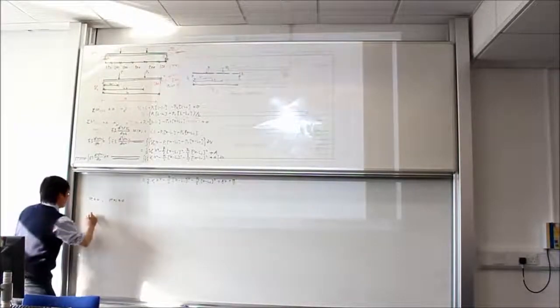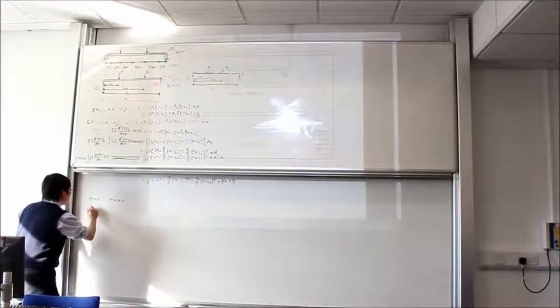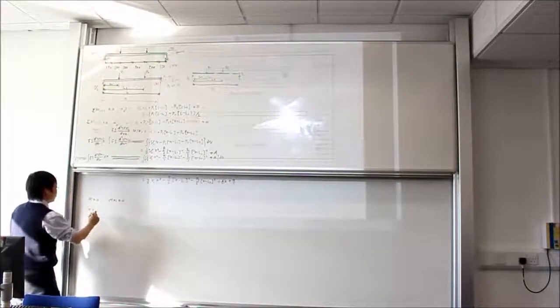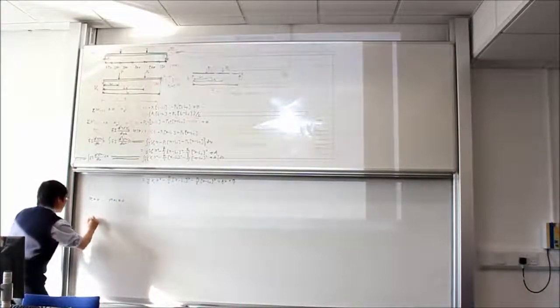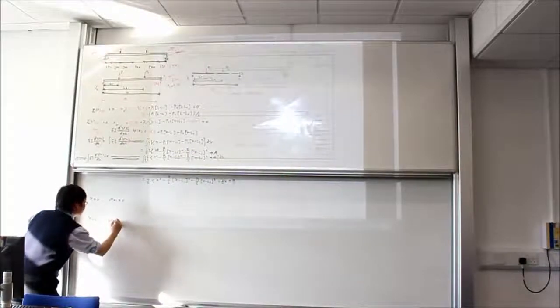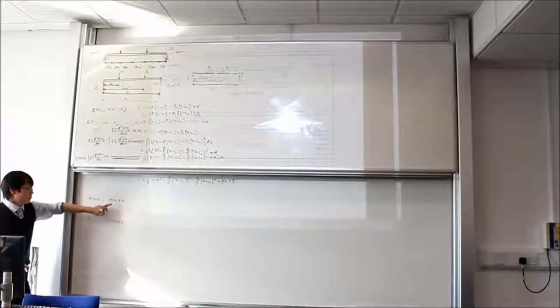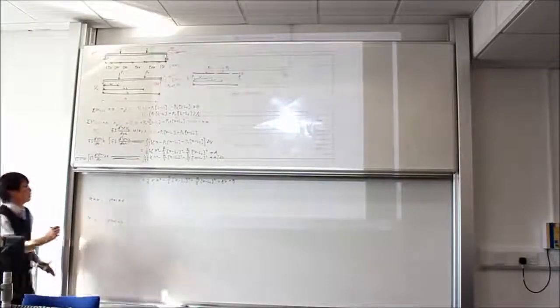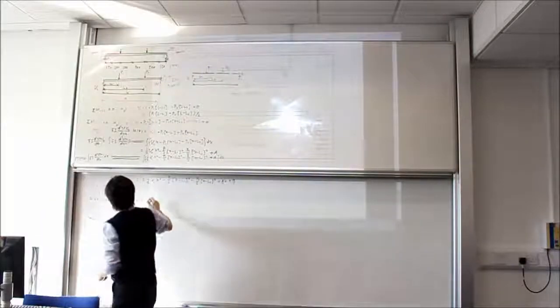And then the second condition is that we have X equal to L, and then Vx should equal to 0 as well. So when x equal to 0, when x equal to L, all equal to 0. So from here, you should be able to get the answer when you put this one in.